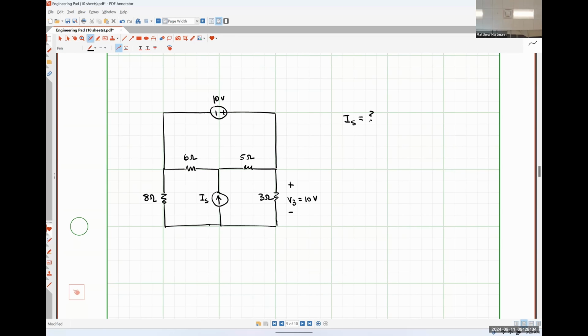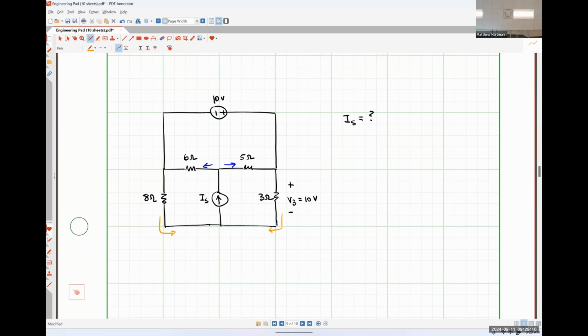So Kirchhoff's current law tells me that this current IS is either the current flowing through the 5 ohm resistor plus the current flowing through the 6 ohm resistor. That's one way to find it. Or it could be the current flowing down through the 8 ohm resistor plus the current flowing down through the 3 ohm resistor. So it's either those two blue currents added together or those two orange currents added together.